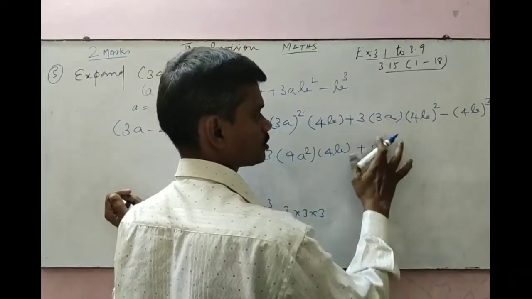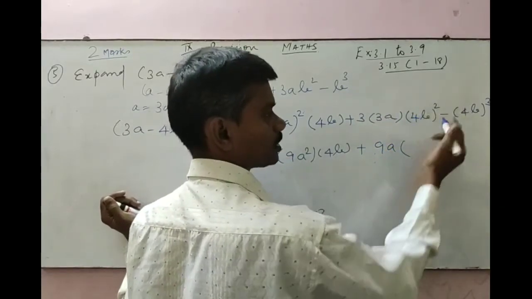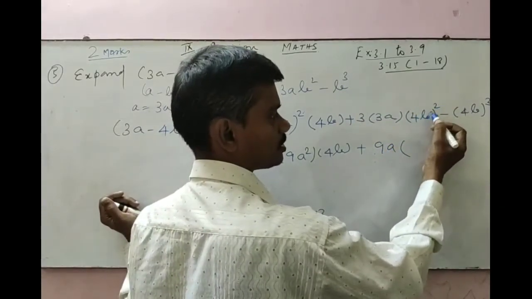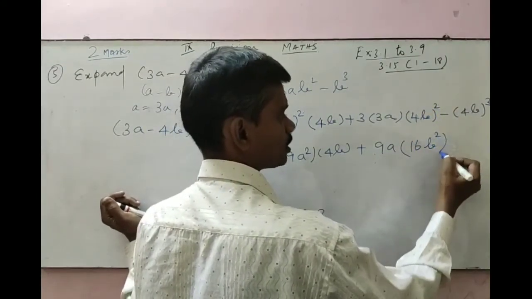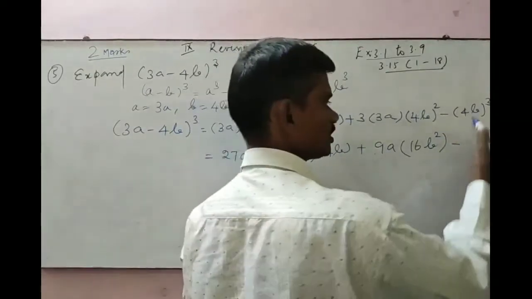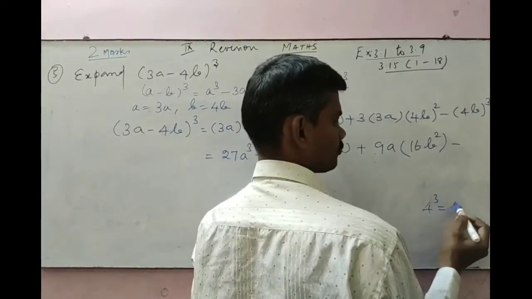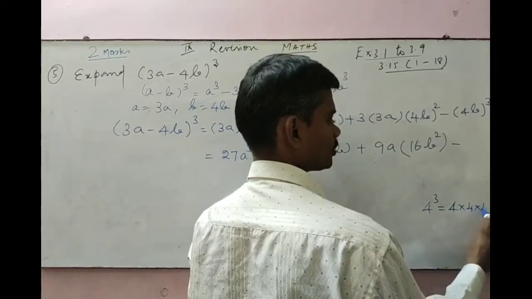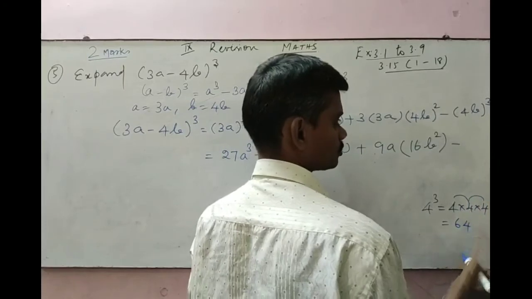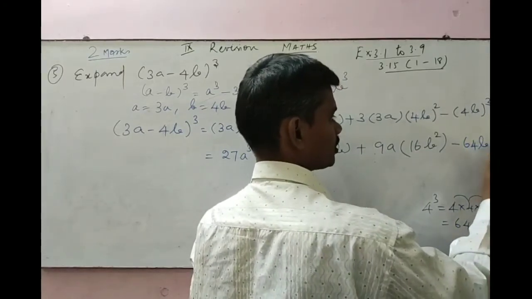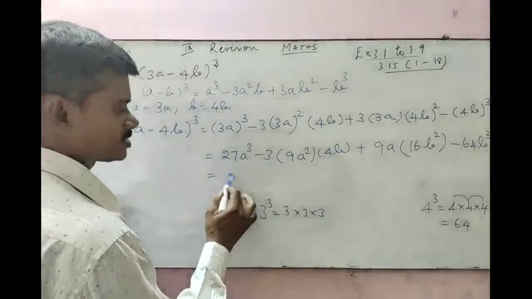You can multiply these two terms. Here you will get 9a. 4b whole square. This square belongs to 4 as well as b. So 4 square is 16. B square is b square. Minus here 4 cube and b cube. So what is the value of 4 cube? 4 into 4 into 4. 4 4s are 16. 16 into 4, 64. 64b cube.